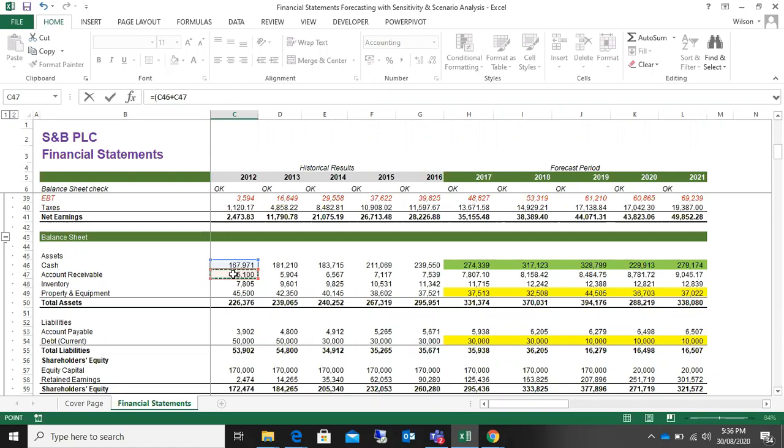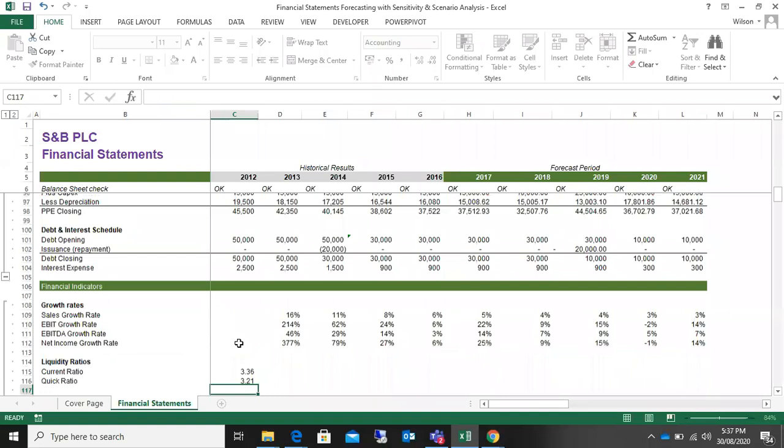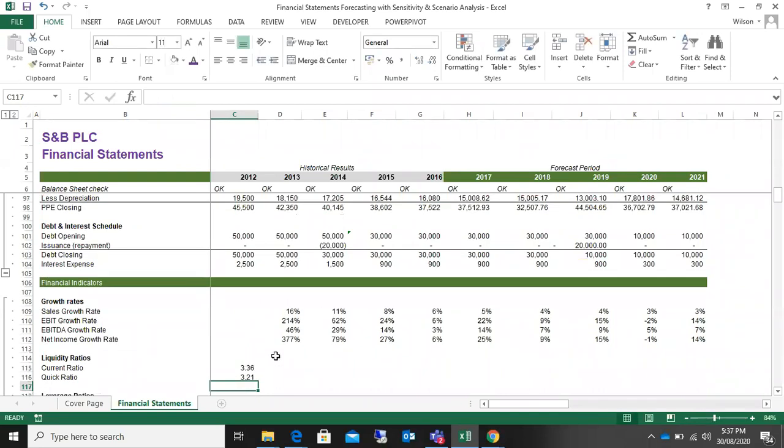So we're not going to pick inventory, then say divided by. Of course, we'll pick accounts payable, plus debt, current. Great. So you can see that the current ratio is 3.36, but the quick ratio is 3.2.